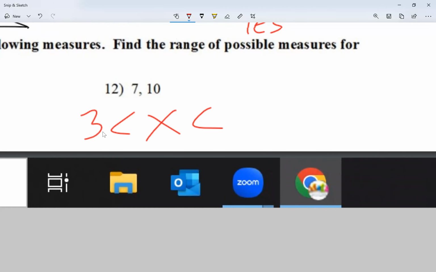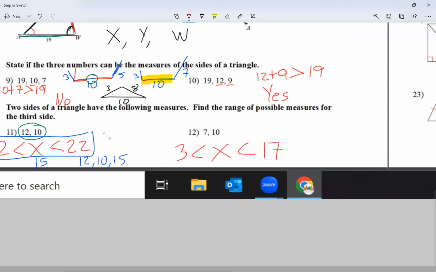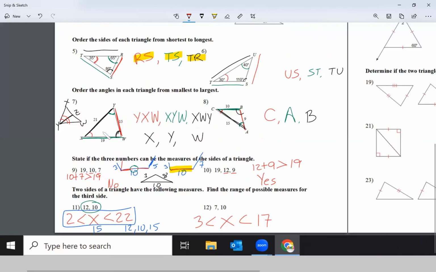Now add those numbers. 10 plus 7, I'm going to say 17. So the third side has to be in between 3 and 17. So it has to be more than 3, less than 17. Okay, let me zoom out so you guys can see what we did today.